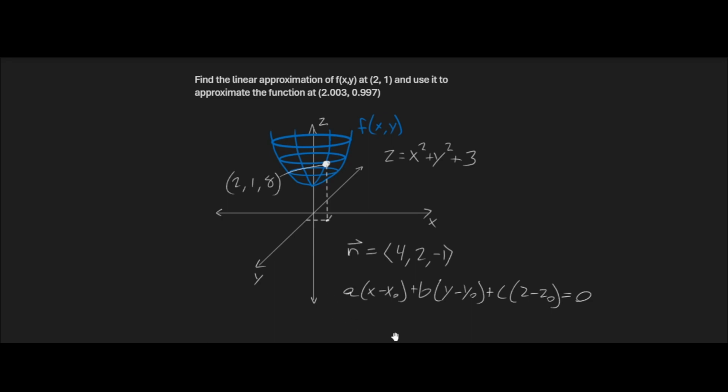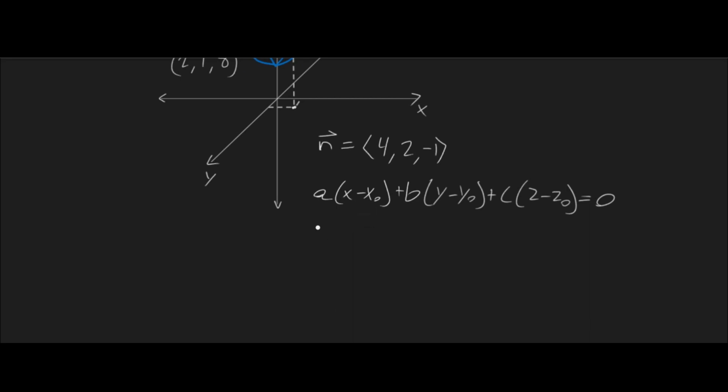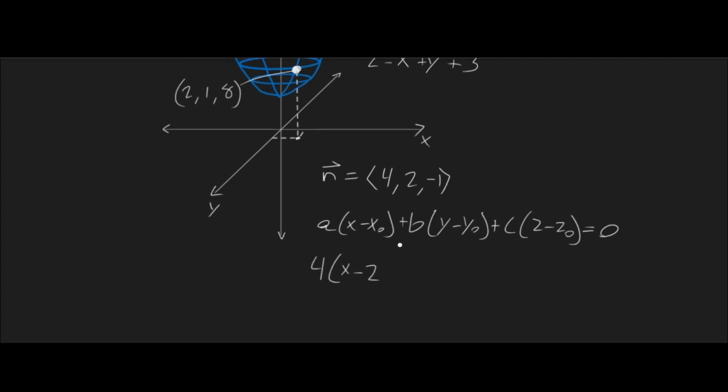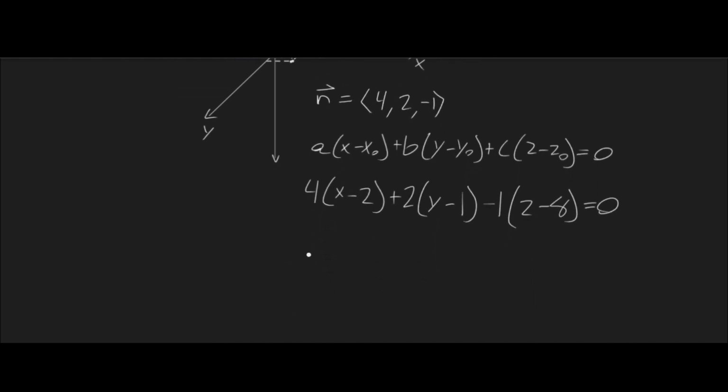So let's go ahead and plug everything in. So we see that a is 4, and then it's (x - 2). And then b is 2 times (y - 1). And then we see c is -1 times (z - 8). And that's going to be equal to 0. And then let's distribute and simplify.